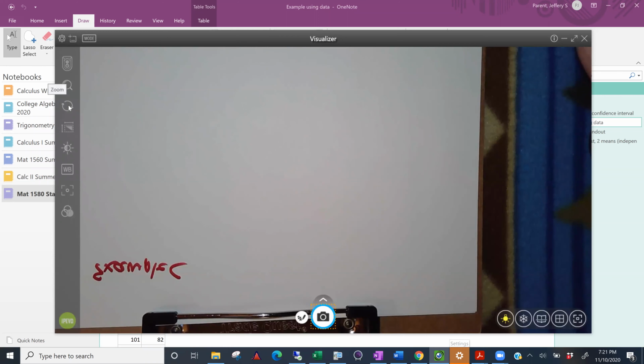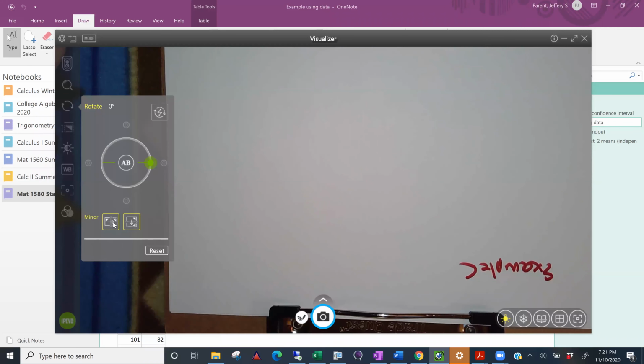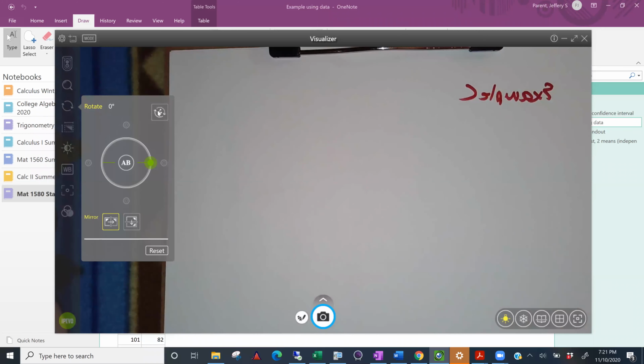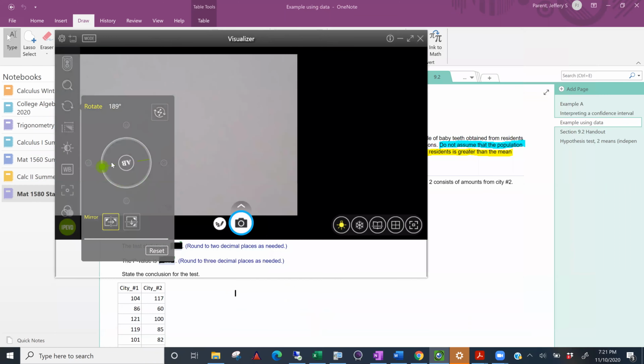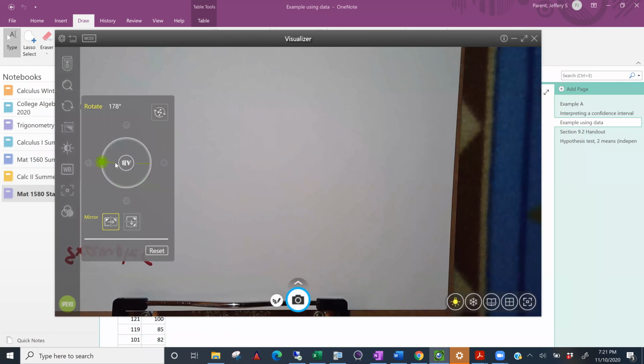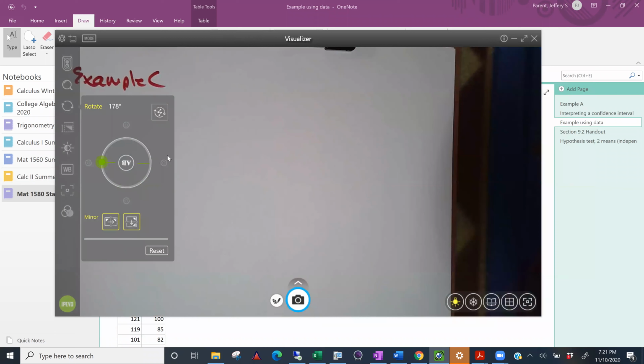Select camera, zoom, rotate, and mirror. No, that didn't work. Back here, rotate. That's messed up. There we go. Wonder what I did there.